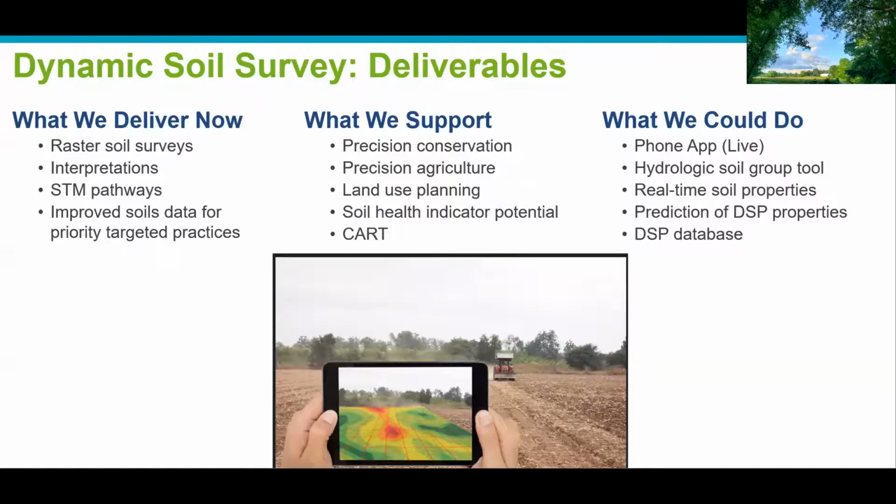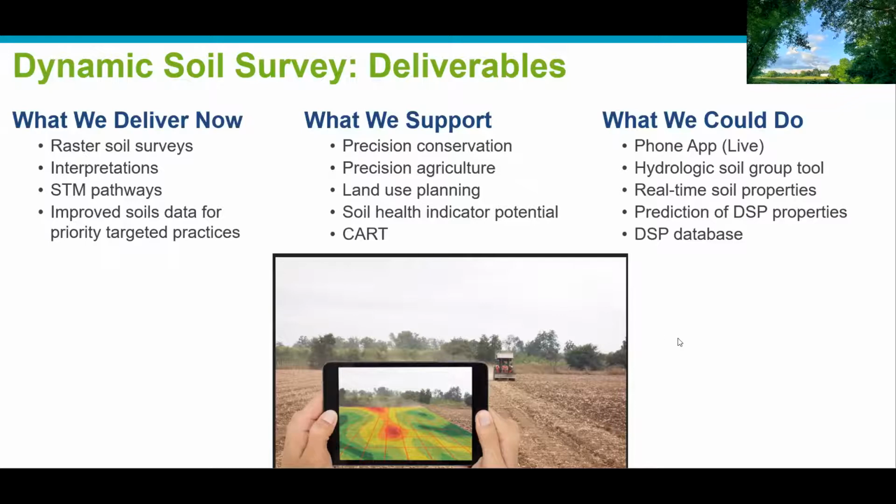We're still supporting conservation practices, but precision conservation, precision agriculture, planning, the potential for soil health, and then CART. What we're talking about here with this type of approach will fit very well into the agency's newest product, CART, and help us become just an absolutely critical part of that whole process.